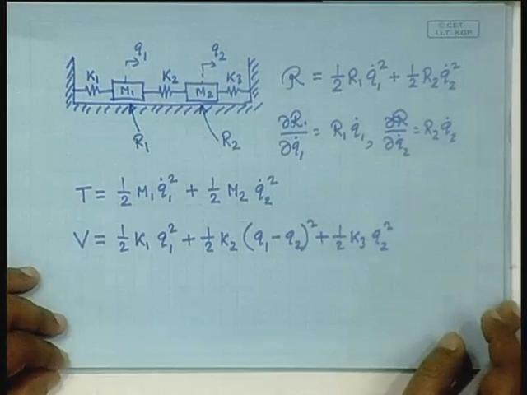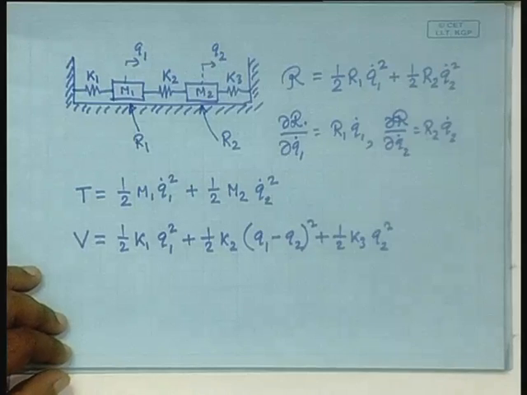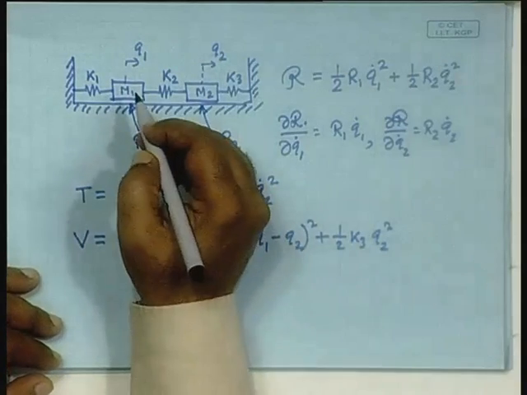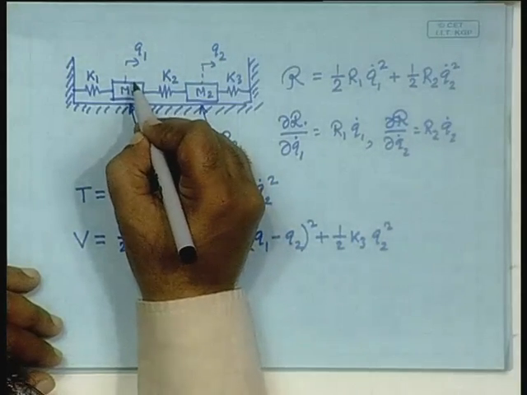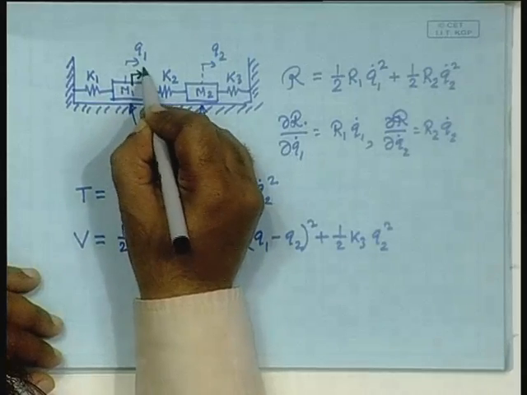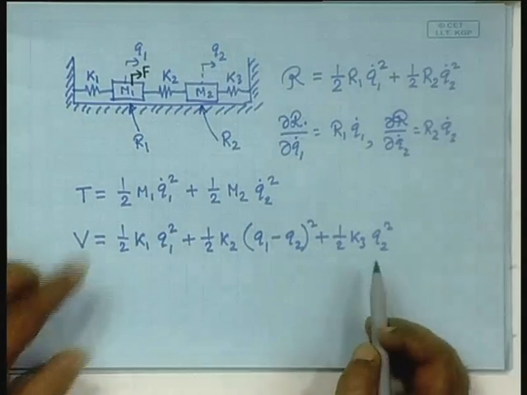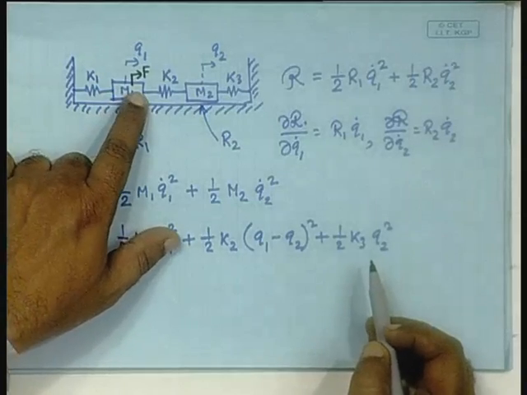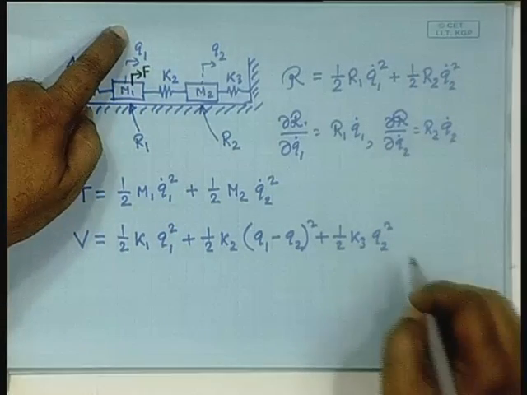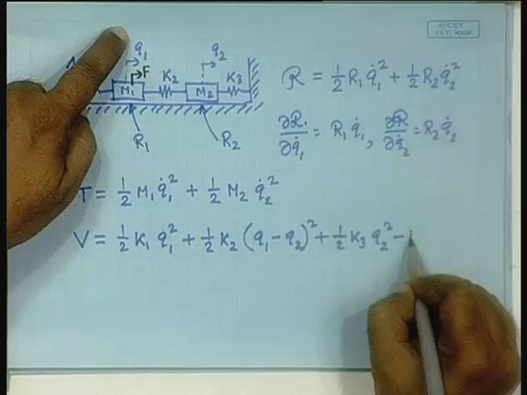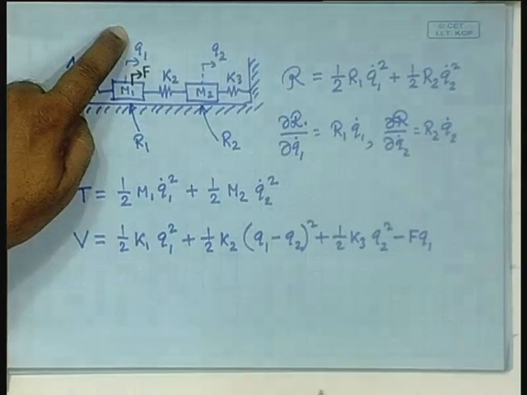At that time we had considered the application of a force. Where was it? On this mass. That force, since it is in the same direction as q1, I would have to write as minus f q1.